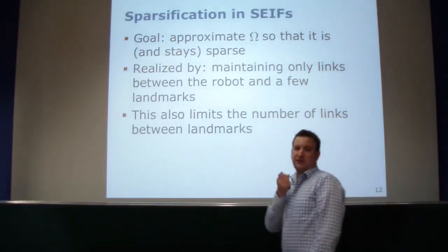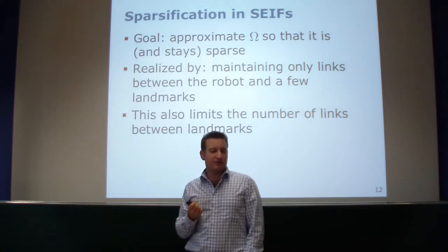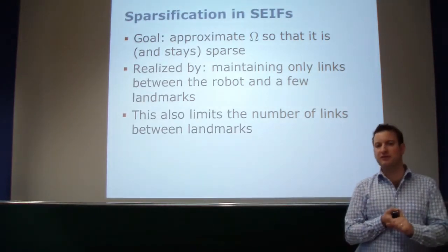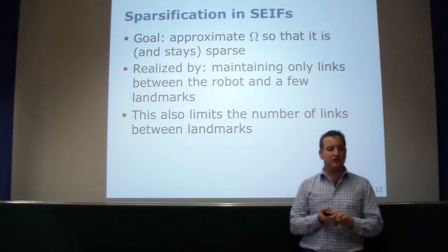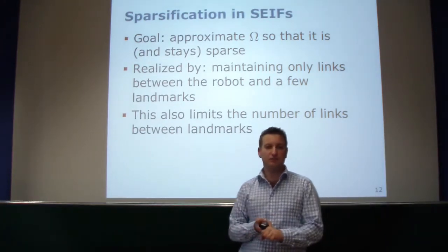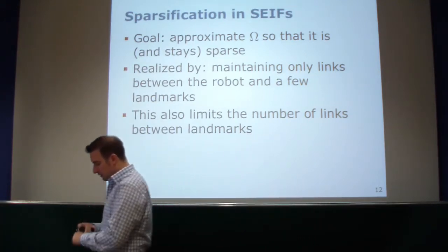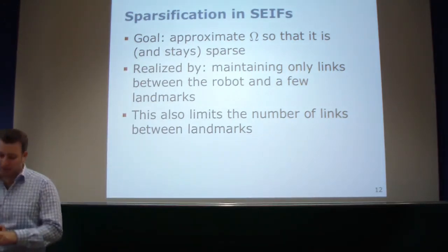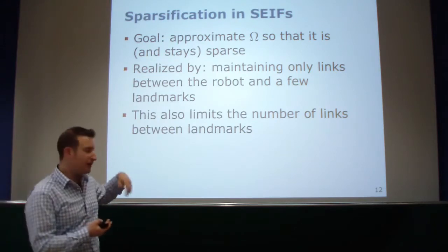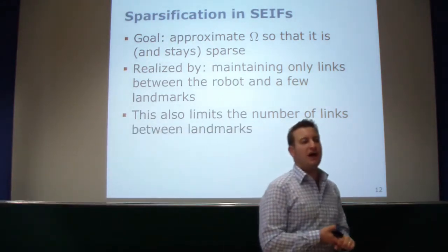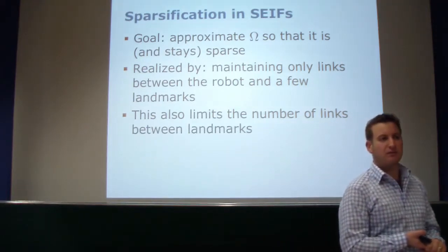So the goal in the sparsification of the sparse extended information filter for SLAM was to compute an approximation of the information matrix so that it is and stays sparse. So at every point in time, after conducting a sparsification step and then doing my manipulations, I want to have a sparse information matrix.